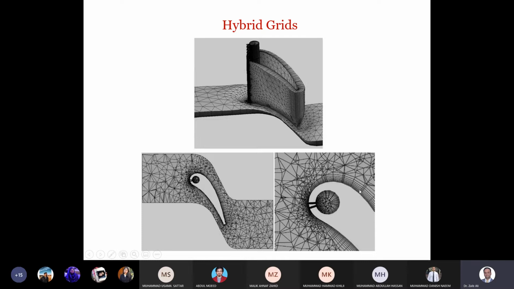So here you will have a structured mesh near the boundary, and as you move away from the boundary, you will have an unstructured mesh. So it's the best of both worlds. In the areas of more important flow physics, you will have high accuracy, and away from areas which are less important, you will have a coarser unstructured mesh.